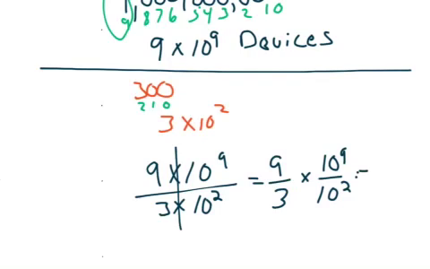And that works out to be 3 times 10 to the 7th, because 9 minus 2 is 7 here. Okay, and when you actually write it all out, 3 times 10 to the 7th is 30 million routers are necessary.